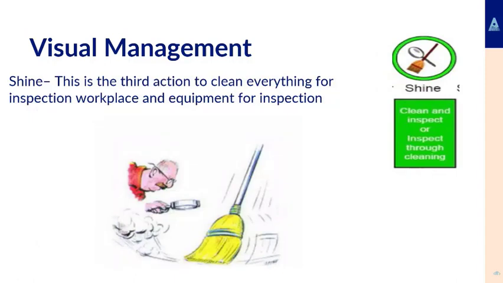Shine is getting in and giving things a good clean. So this is the third action, to clean everything, from an inspection of the workplace and equipment. So basically keep things how you would like to have them maintained and managed. So having your weekly or bi-weekly cabin cleaned, or your sites, or even in the office. If you're hot desking, or even if you're looking at your own desk, how clean is it?